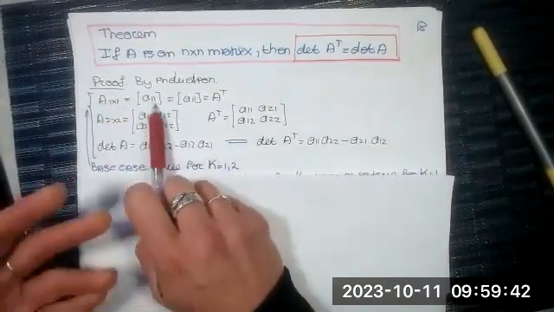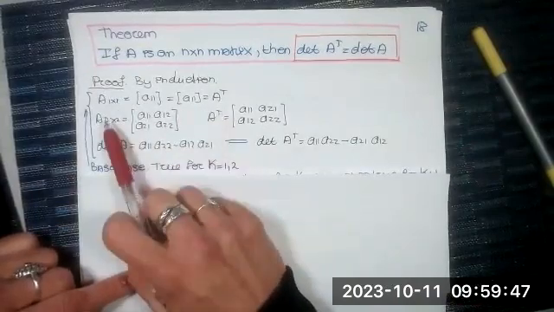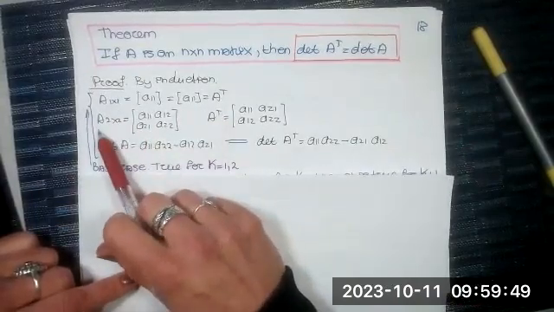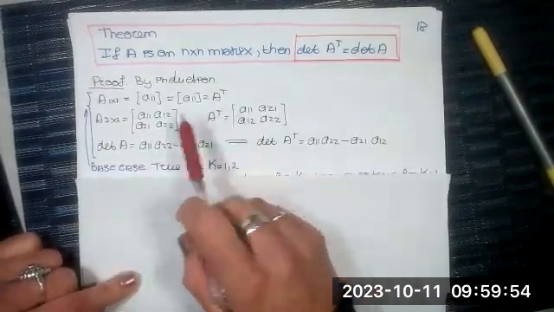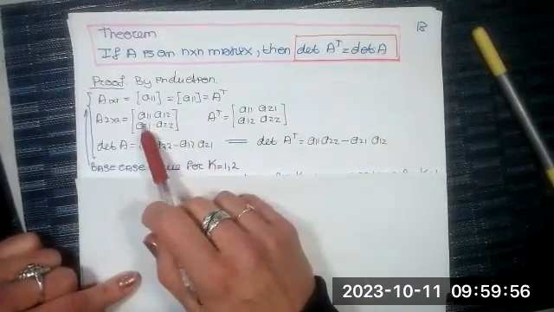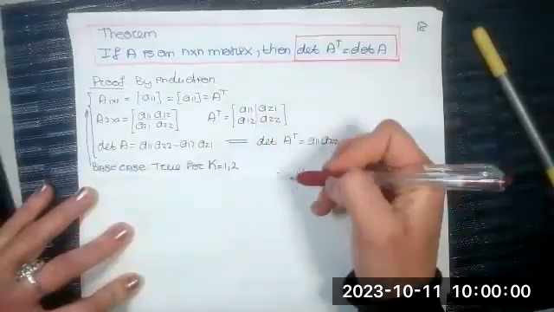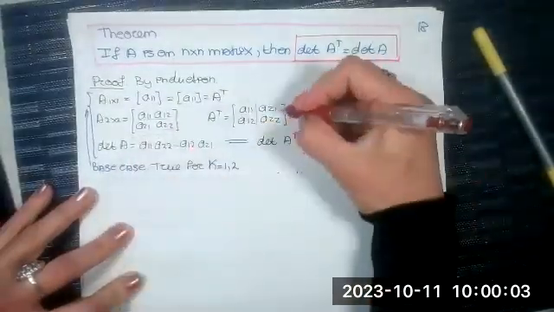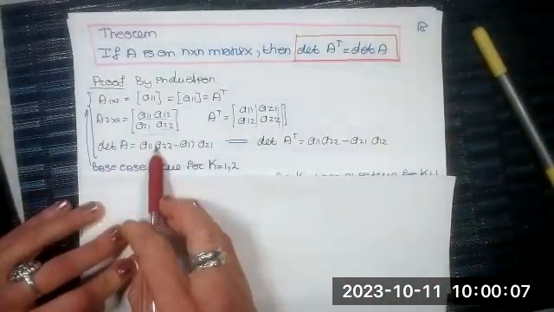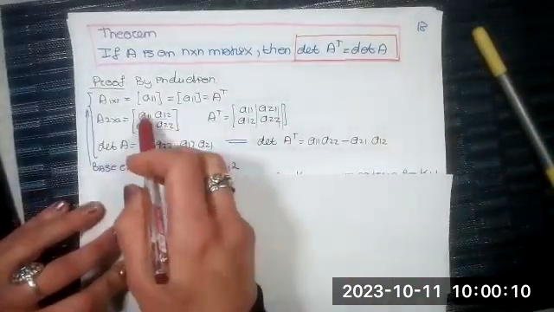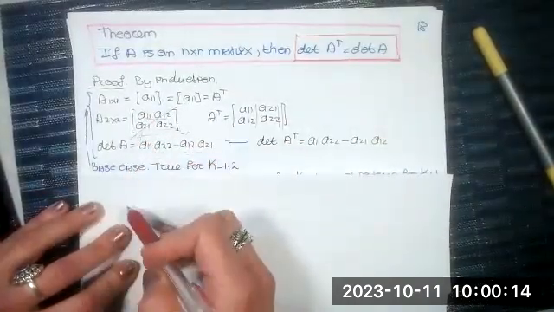A 1 by 1 matrix is just a scalar, so my A is the same as A transpose. But for 2 by 2, my matrix A is A11, A12, A21, A22. For A transpose, I'm switching rows and columns, so my first row, A11, A12, becomes my first column, and my second row becomes my second column. If I compute the determinant of A, I have A11 times A22 minus A12 times A21.